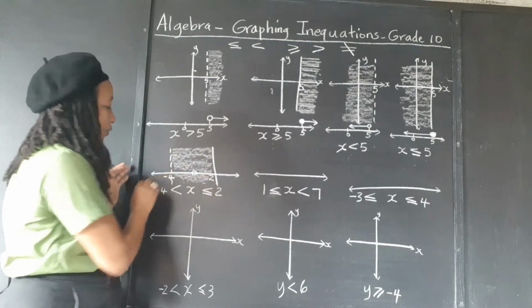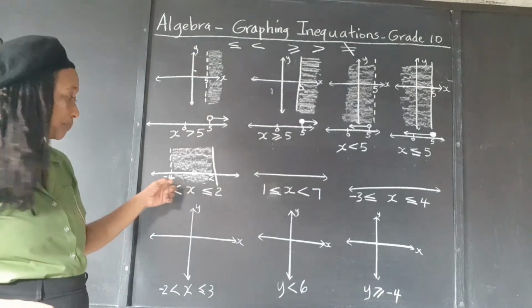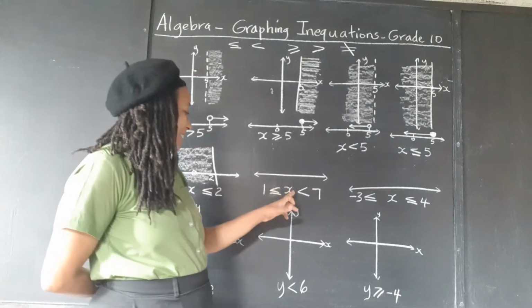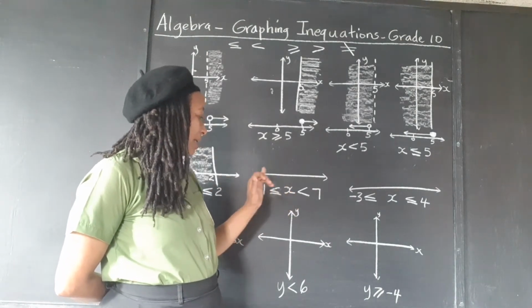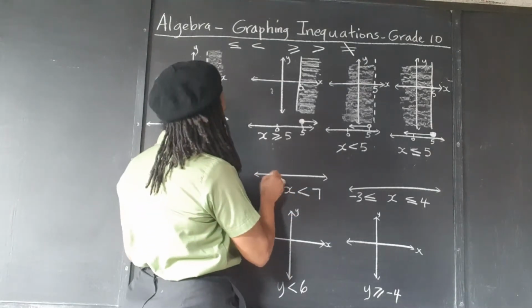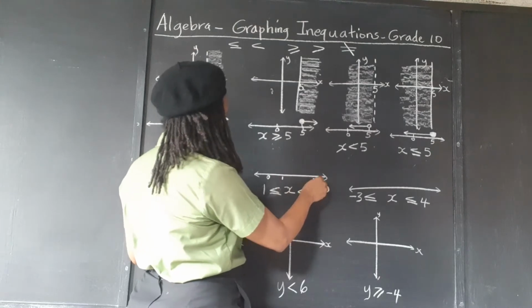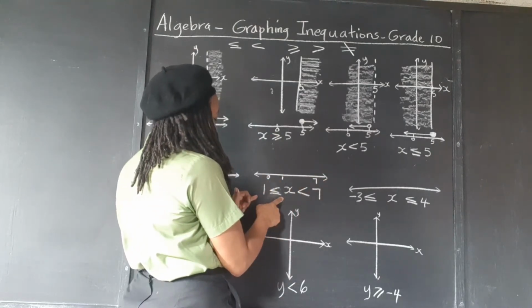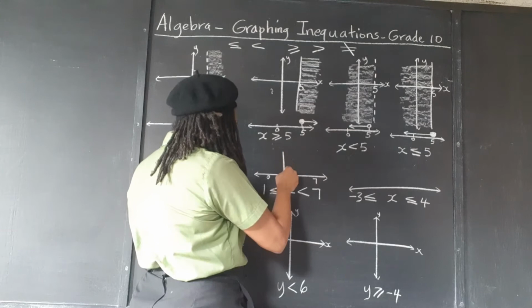It falls in between. Right? X is greater than or equal to 1, less than 7. So we have our 0, we have 1, we have 7. It's greater than or equal to 1, so straight line through the 1.